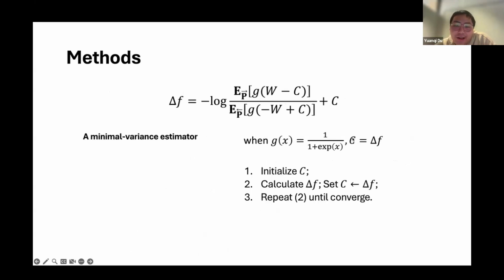Same procedure, and this gives you another estimator. In fact, now we have two estimators: one is this forward log mean exp estimator, and the other is the backward log mean exp estimator, and we also have this BAR estimator.